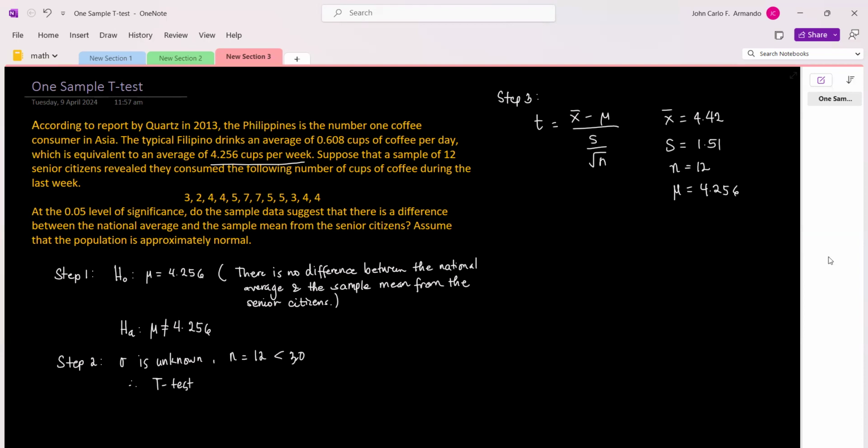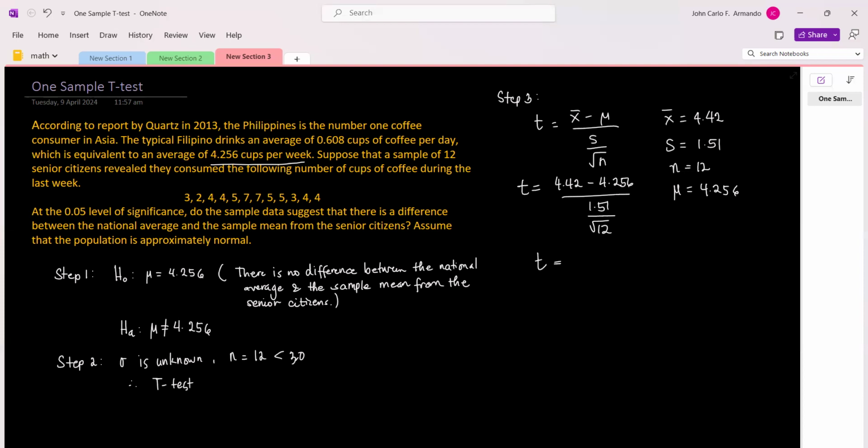Okay, plugging in these values in the formula, we now have T equals 4.42 minus 4.256 divided by 1.51 over square root of 12.